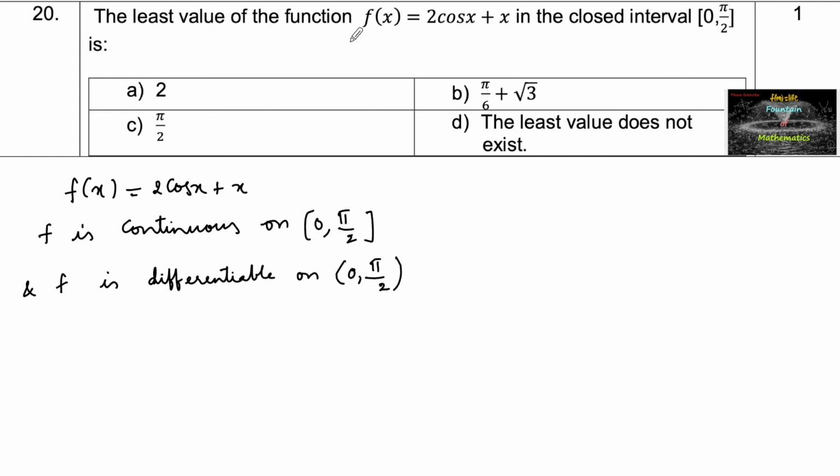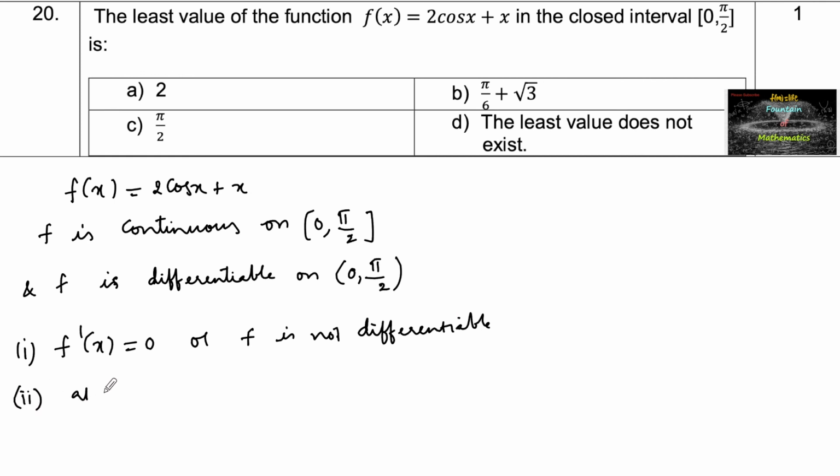And the least value or the greatest value can be obtained at the points where f dash of x is equal to 0 or f is not differentiable, and then at the end points of the interval.